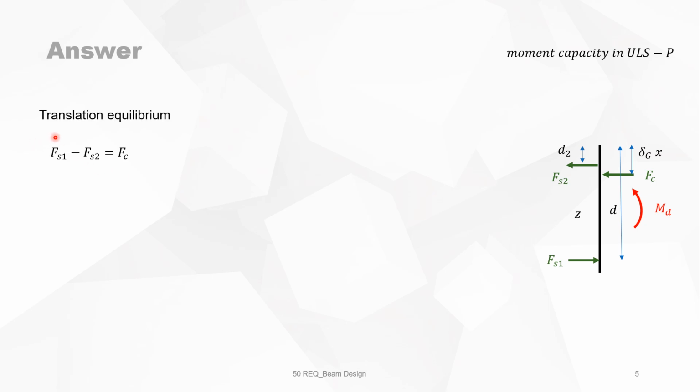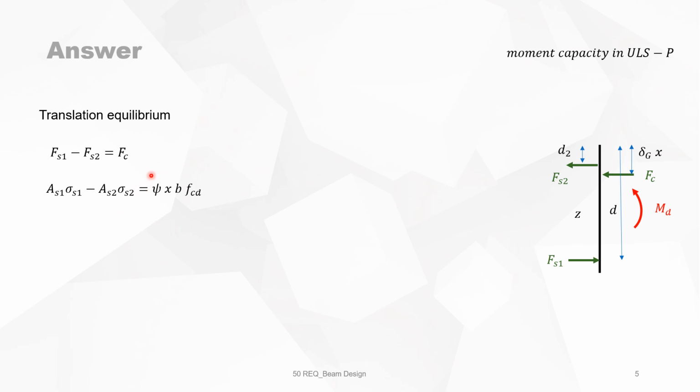Translation equilibrium of the section. It means that the compressive force in the concrete must be in equilibrium with the tensile stress in the reinforcement and the compressive stress in the reinforcement. So we get this equation. Of course, the force is equal to the cross section times the stress.